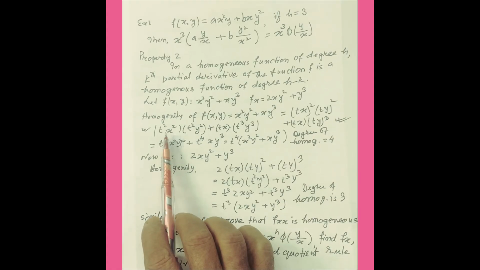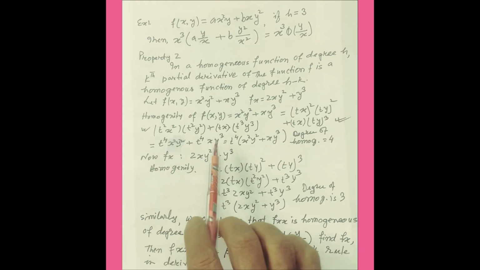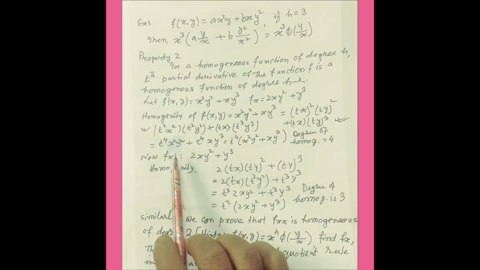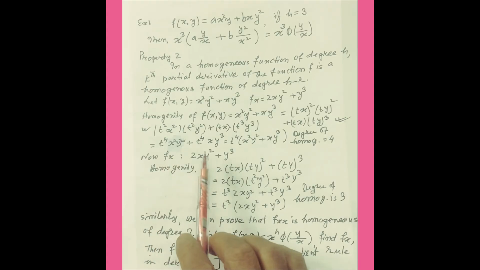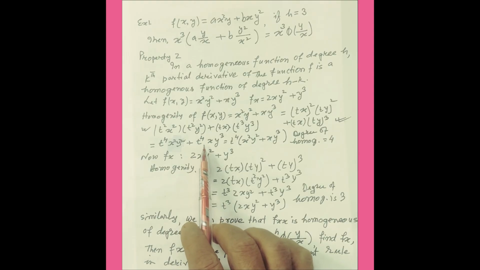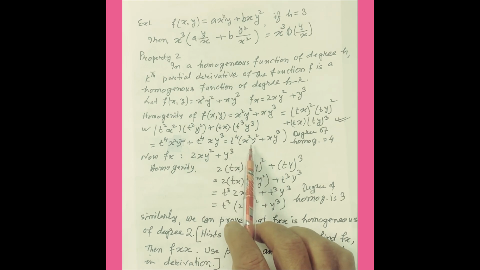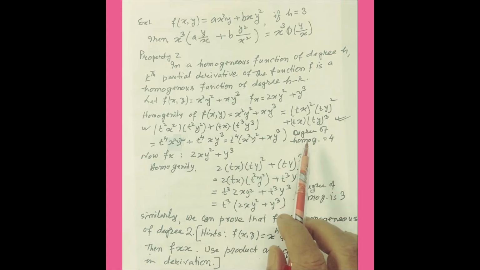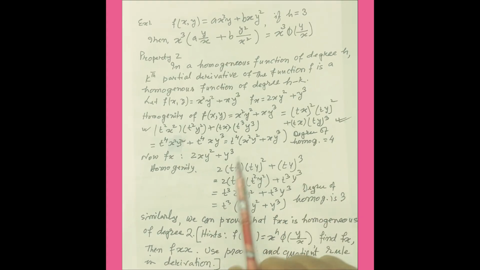Now this means t square x square and t square y square plus tx into t cube y cube. So if we simplify, it will be t to the power 4 x square y square and t to the power 4 x y cube. So t to the power 4 is common, it will be x square y square plus x y cube, the original one. So degree of homogeneity is 4 in this case.